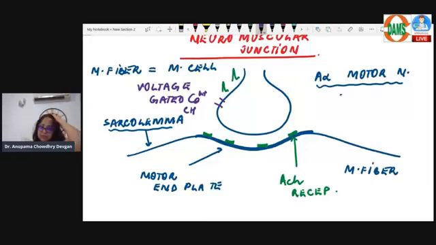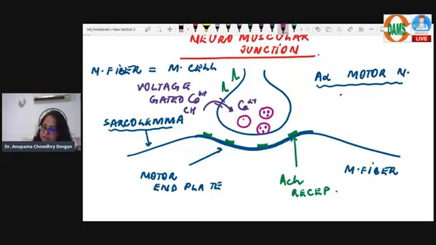So the moment the action potential reaches here, the voltage gated calcium channels will open up and there is an influx of calcium. Remember, influx of calcium is mandatory for exocytosis. Without influx of calcium, you cannot have exocytosis. And which is the neurotransmitter which is going to be exocytosed here? Acetylcholine. We've done this in the first chapter.